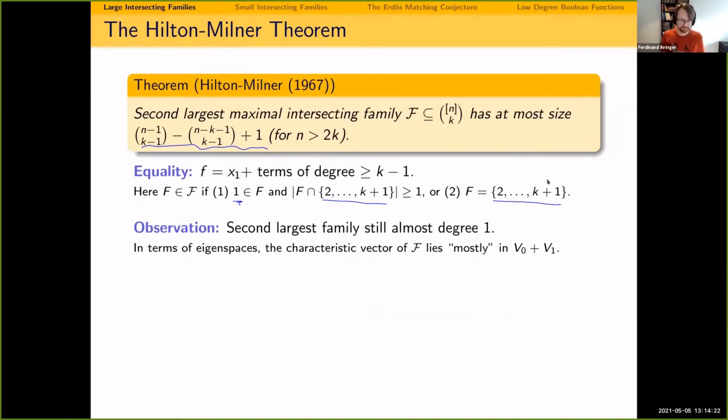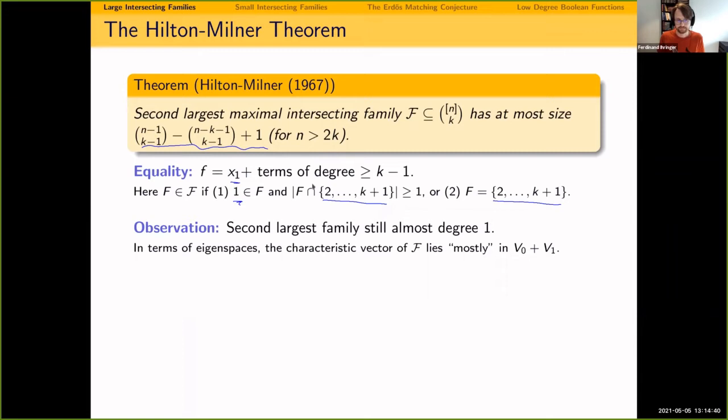And actually, this family is still in some sense relatively close to degree 1, because when you write it down, you can write it in a way that you have a degree 1 term and then a few terms of very large degree.